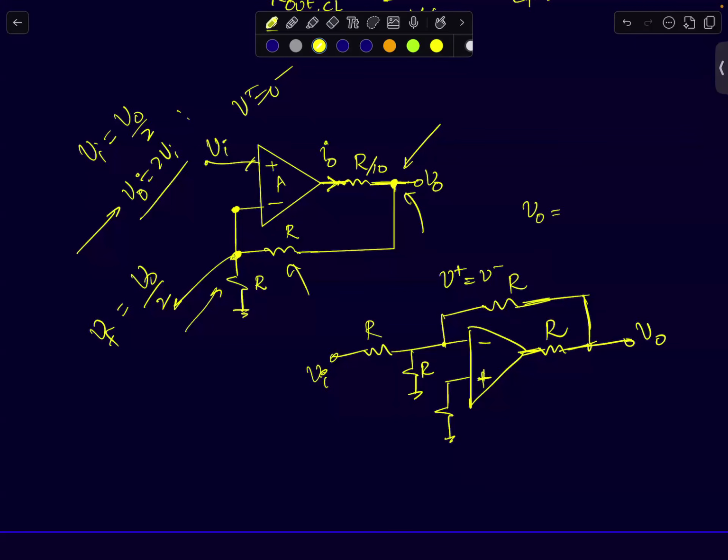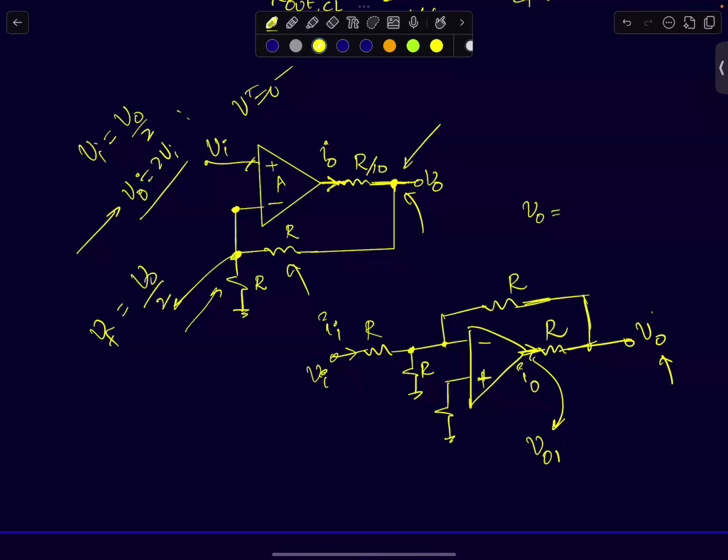I am interested in knowing what will be the current drawn from the input Ii, what will be the current supplied by the op-amp I0, the output voltage V0, and the output of the op-amp VO1.